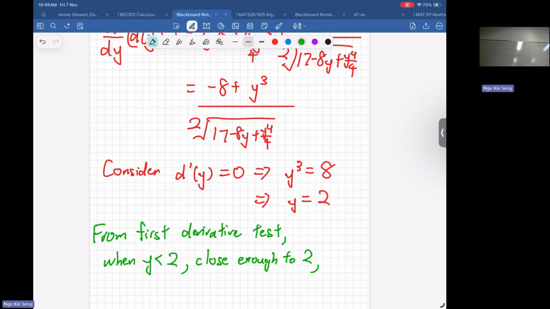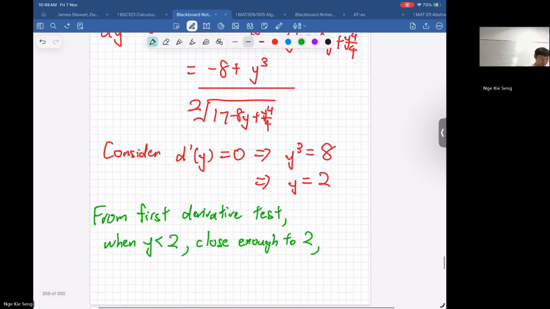And something close to 2 you take to the power 4 is still positive. And so what you get here is negative, right? So the prime over y is less than 0.